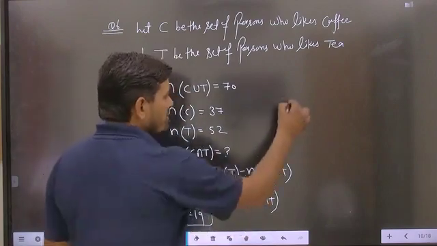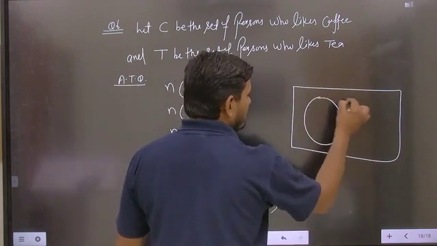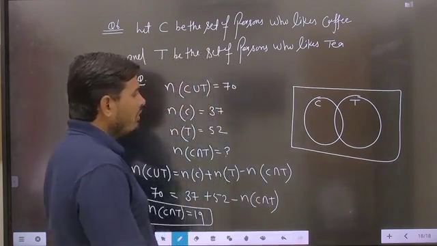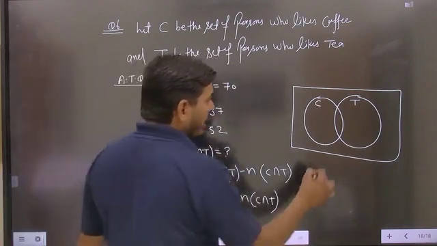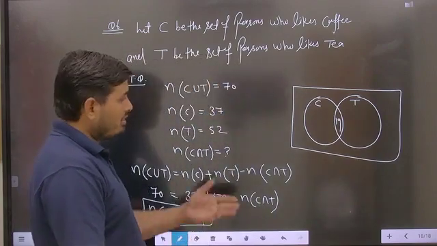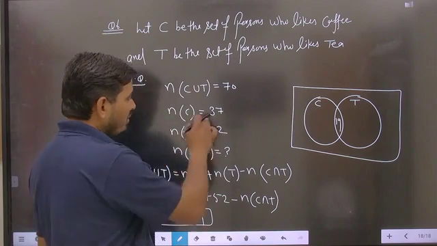You can make the Venn diagram to verify the result. Here we have to make two sets, coffee and tea. The total number of common persons who like coffee and tea is 19, so we write 19 here. Next we see the total number of persons who like coffee, which is 37.